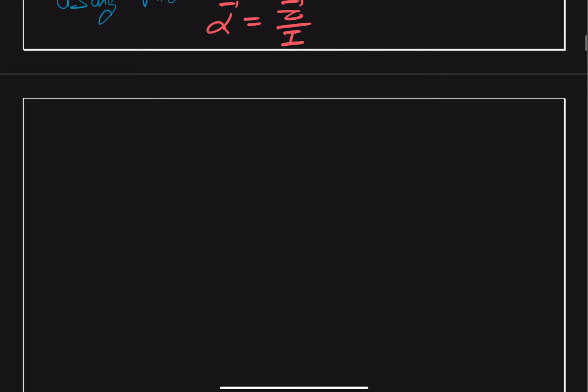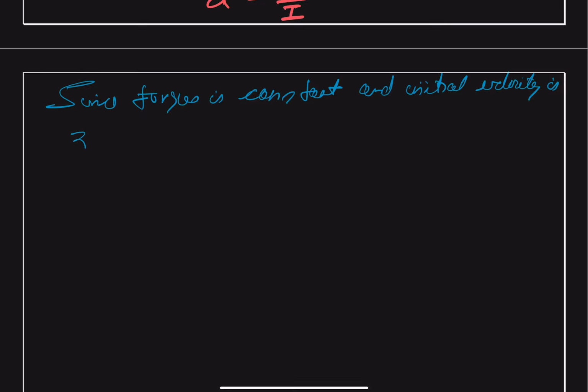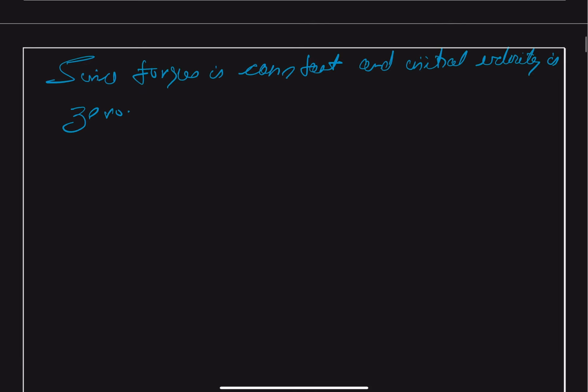So we can say since torque is constant and initial velocity is 0, therefore we can write theta is equal to half alpha delta t square.